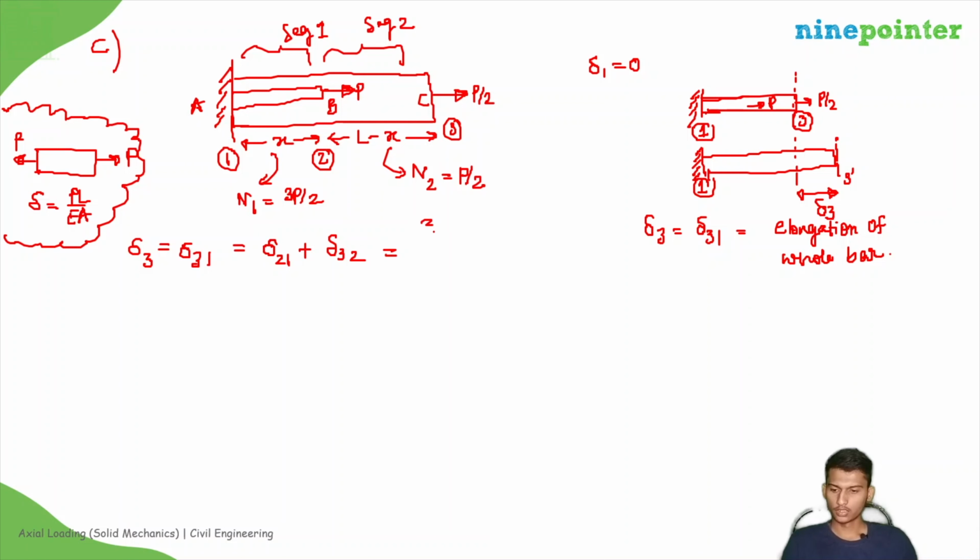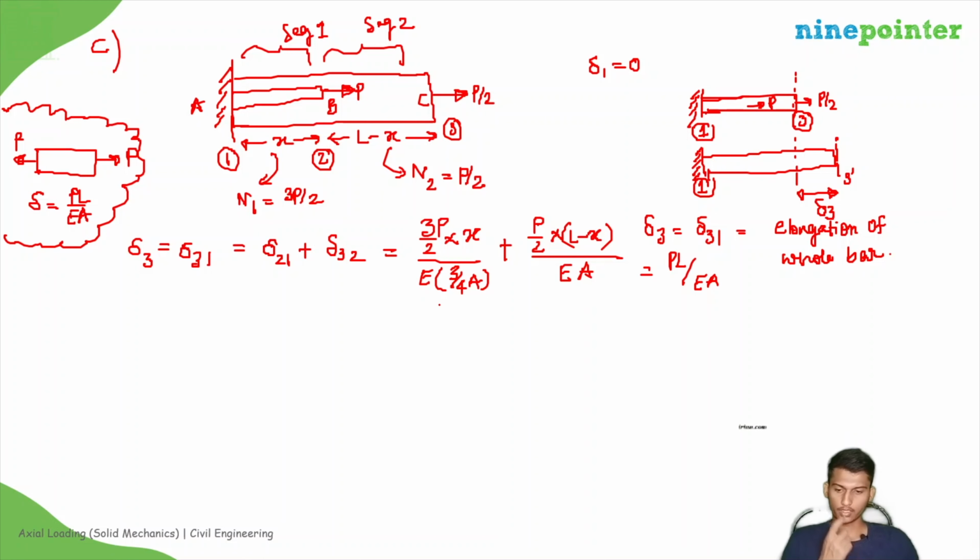Delta 2 1 is 3P by 2 into distance x divided by E into area 3 by 4 A, plus what is elongation of segment 2? It is P by 2 into the distance, L minus x, length of the bar, divided by E into area A. So this should be equal to PL by EA, that is given, right?